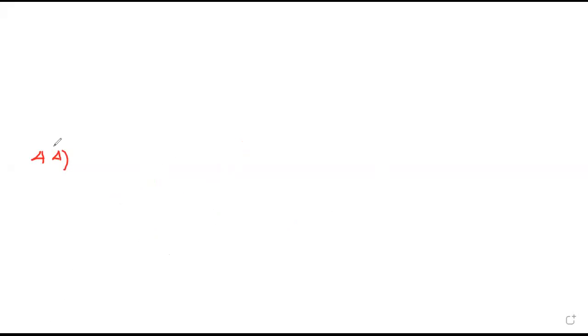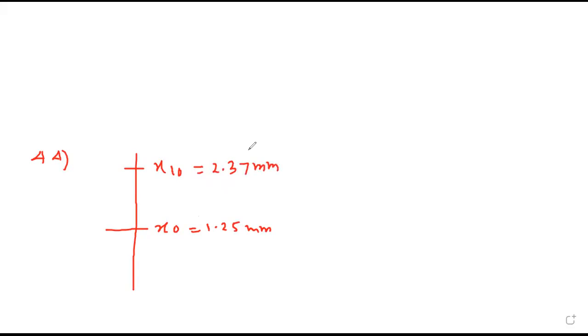In a biprism experiment, micrometer readings for 0th order and 10th order are 1.25 millimeter and 2.37 millimeter respectively when light of wavelength 6000 angstrom is used.